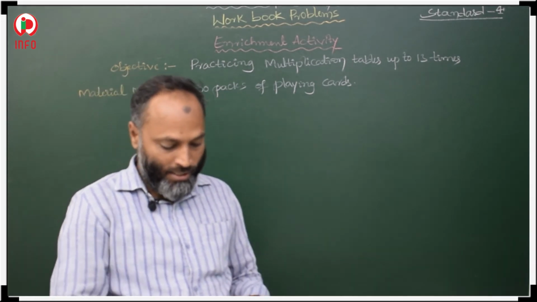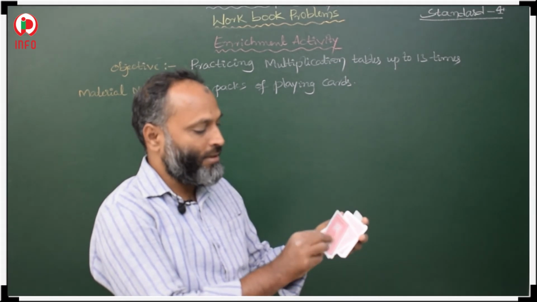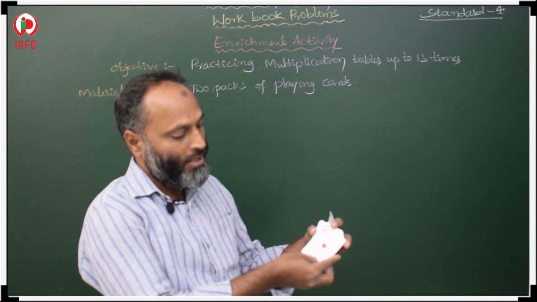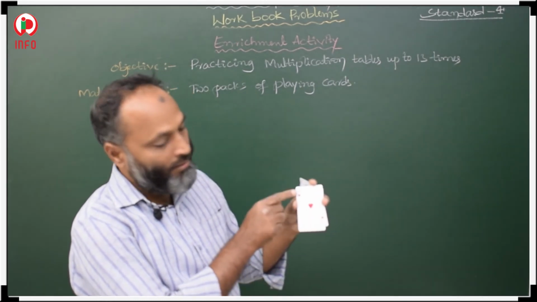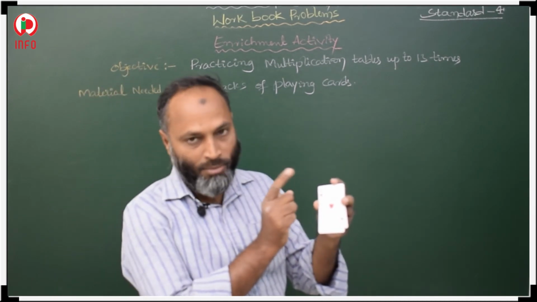First card is Ace. I will show you the Ace card. This is an Ace card. Here A is there, A means Ace card. We can represent this as number 1.